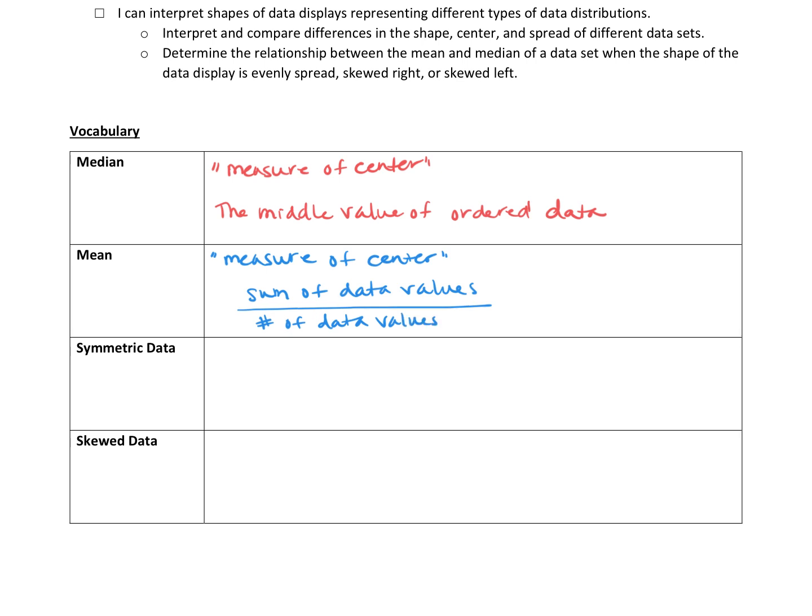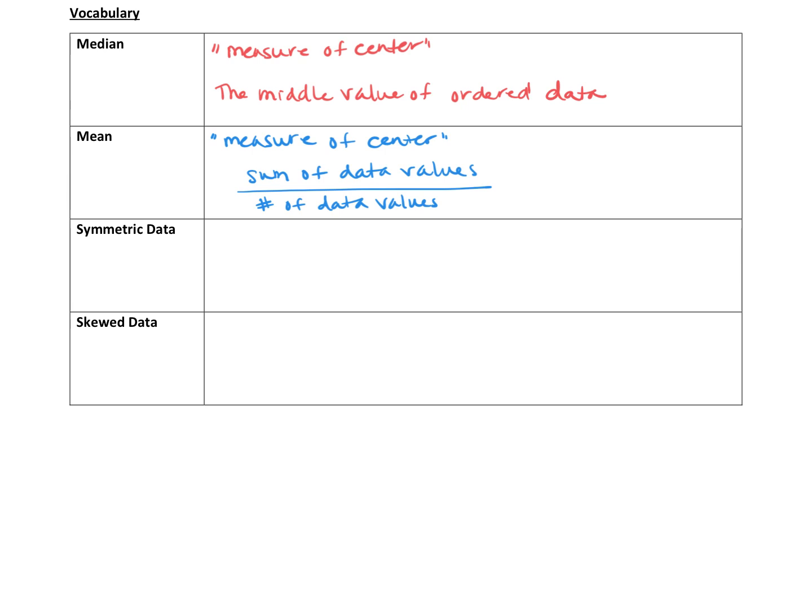All right, symmetric data. This is data that is evenly distributed around the center.